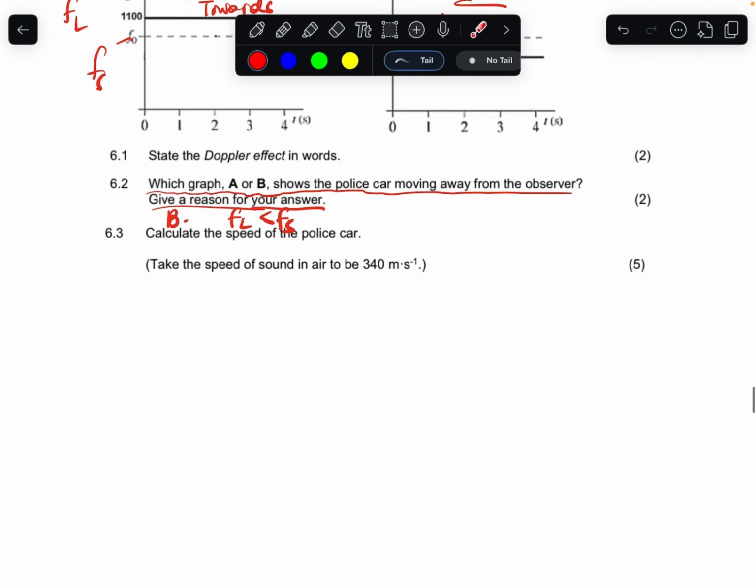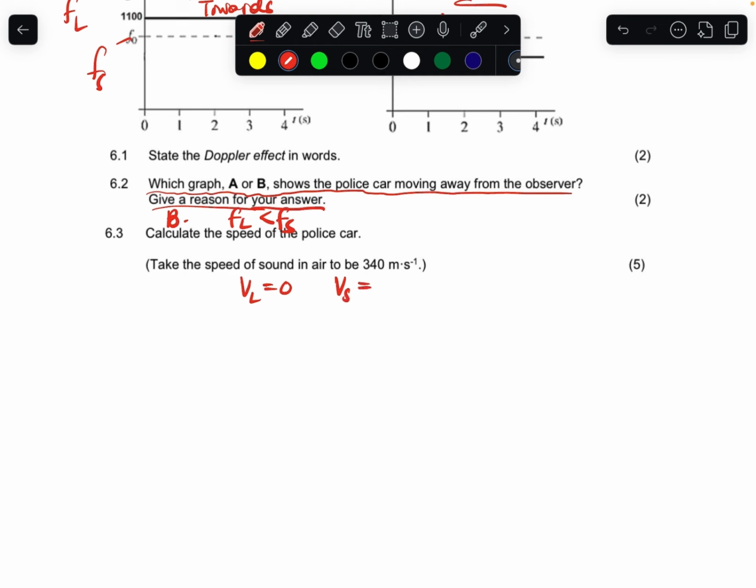Now in 6.3, it says calculate the speed of the police car, right? And we are given the speed of the sound in the air. Guys, it's very important to note what we have. Here in this case, the velocity of the listener is 0.